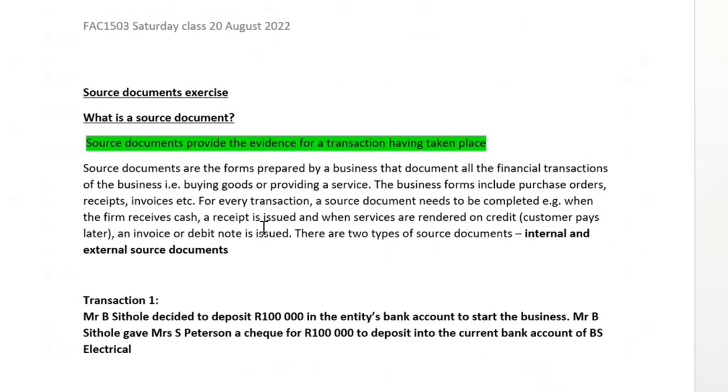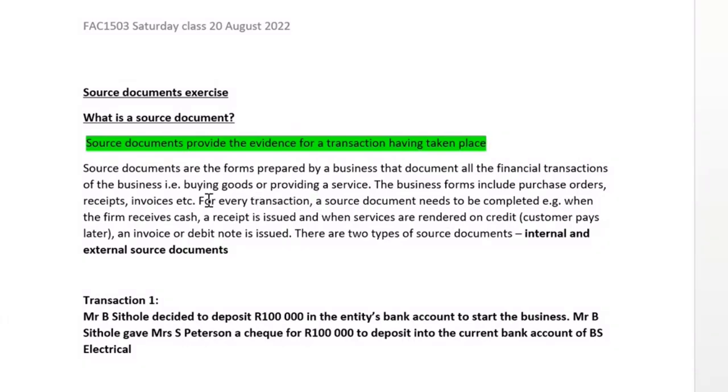Source documents are the forms prepared by a business that document all the transactions of the business, i.e. buying goods or providing service. The business forms include purchase orders, receipts, invoices, etc. For every transaction, a source document needs to be completed.